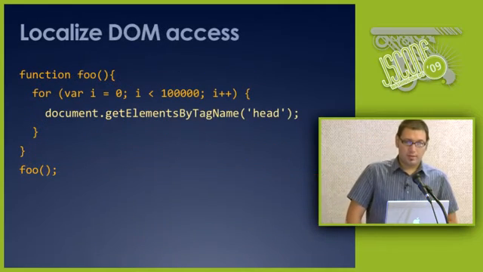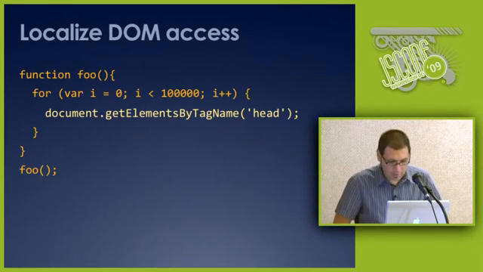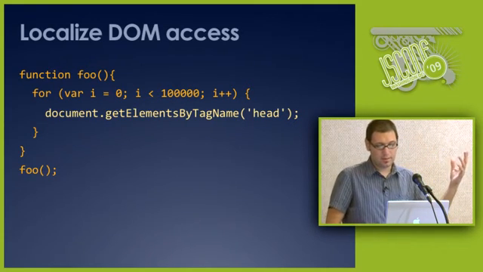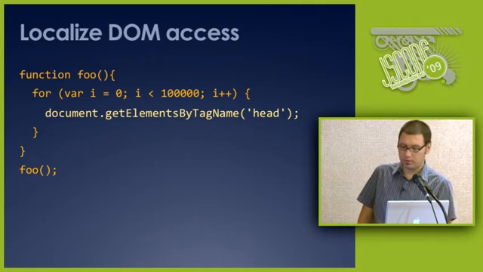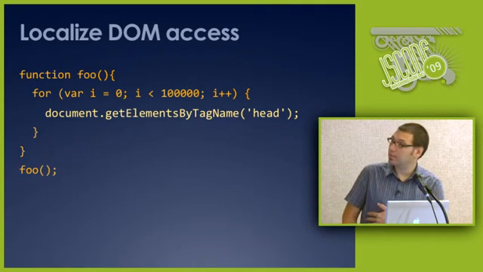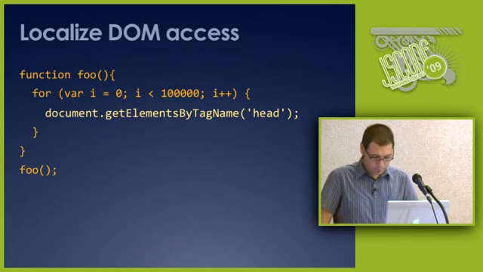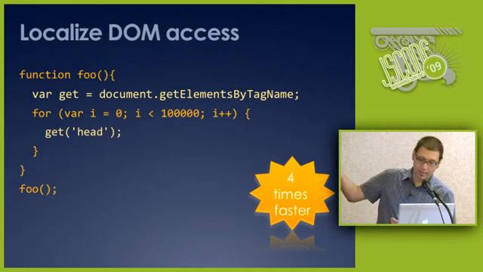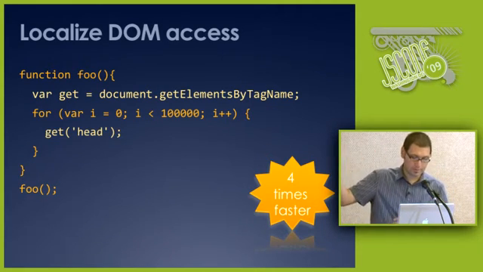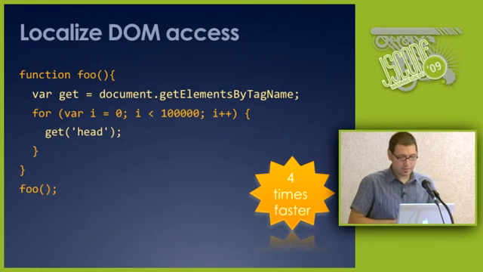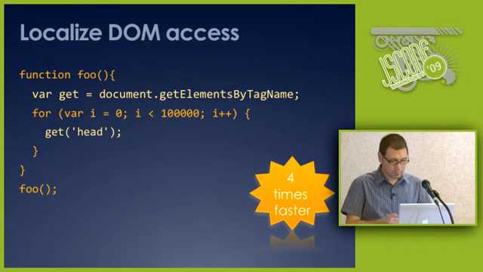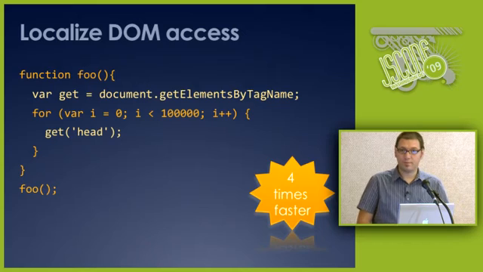So if you have an exaggerated loop of 100,000 iterations just getting all the head elements, with getElementsByTagName, you can better write it by creating a local variable called get, pointed to that global method, and then looping using the local reference. This is 4 times faster than if you don't use the local variable.